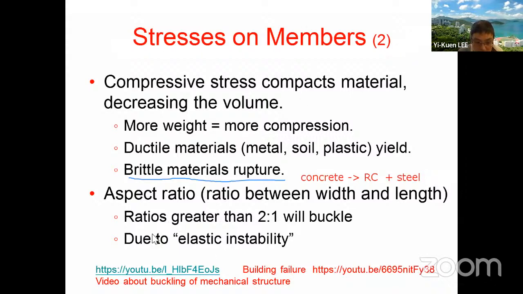And of course, last time we also mentioned that once you have a good design and all the stress is okay, the next issue is buckling.